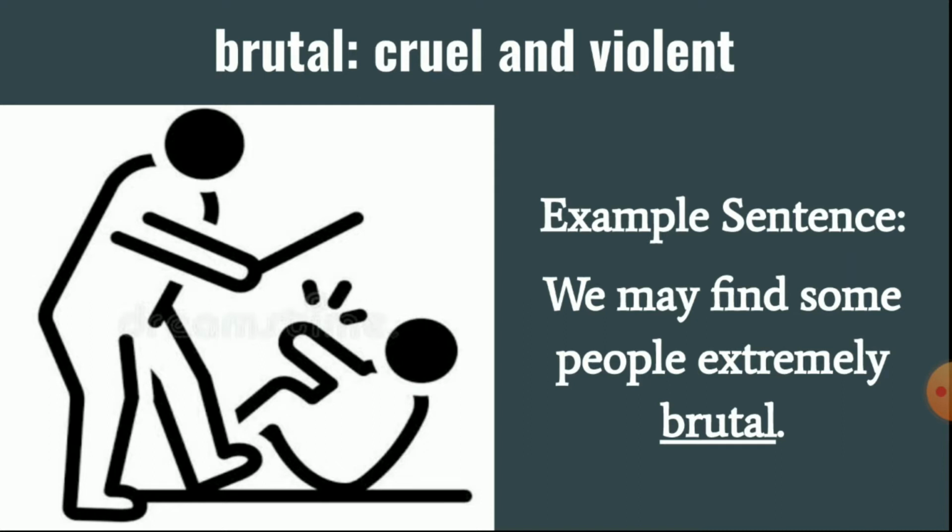For example, we may find some people extremely brutal. That means if some people are working somewhere and if that person does not do the work properly, some people might hit them with a stick or with something else. So that is known as brutality. Okay. So those people are brutal. They are cruel. Let us go to the next word.